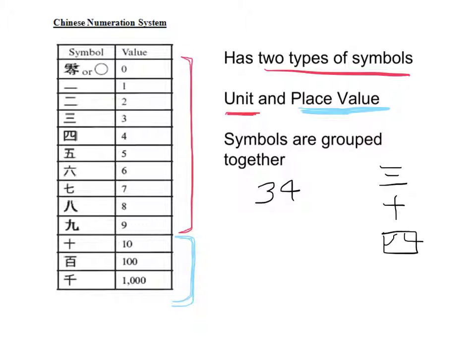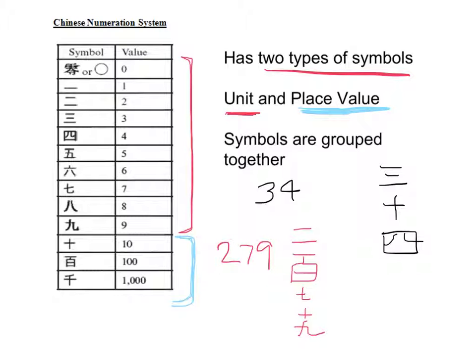So if I had to do another number, like 279, well, we'd have 200, so 2, and we draw 100 out, and 7 tens, so 7, 10, those look pretty similar, and then 9, which we just need to add that symbol.